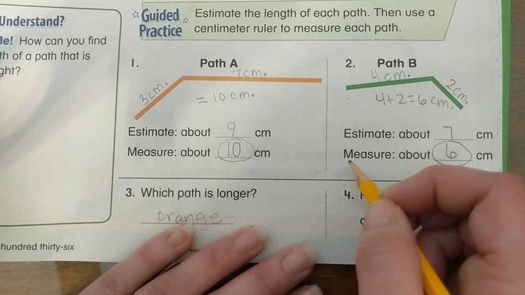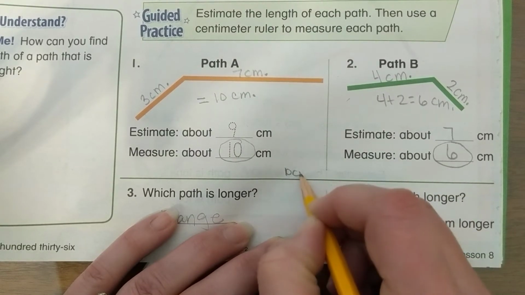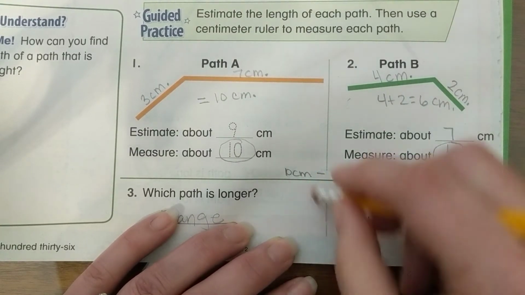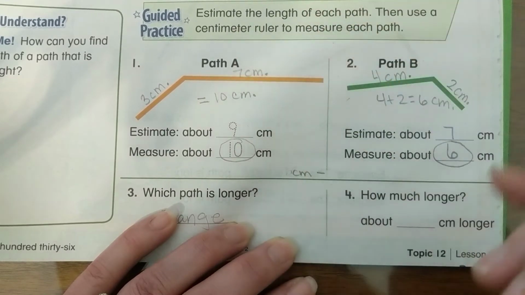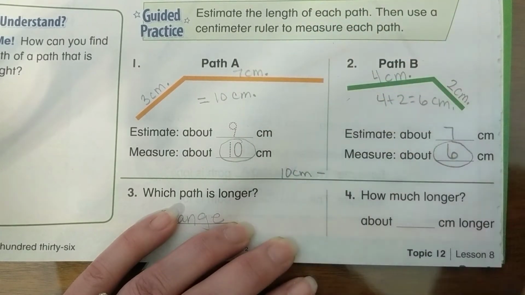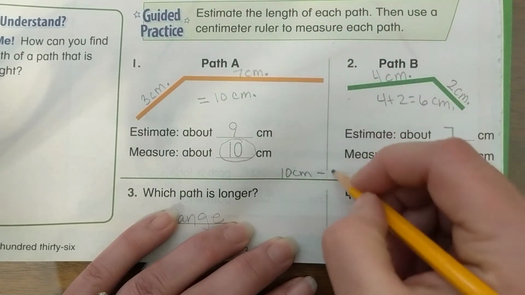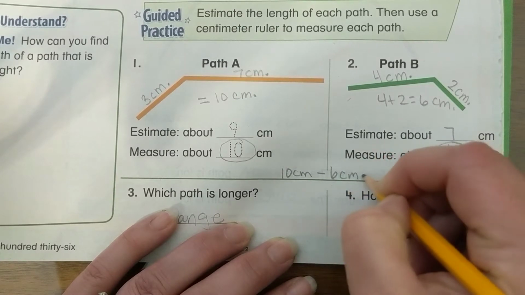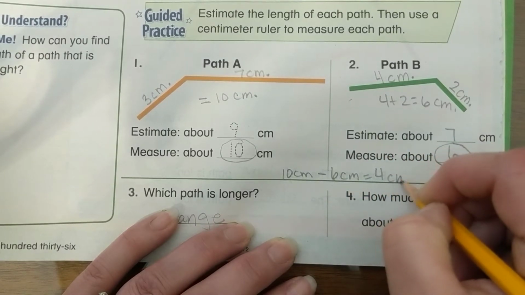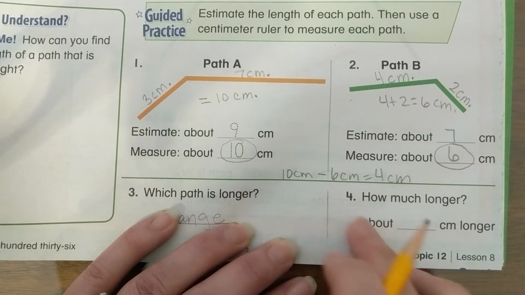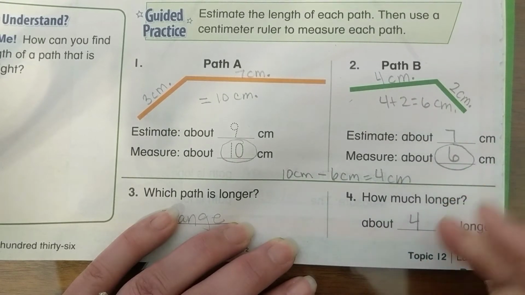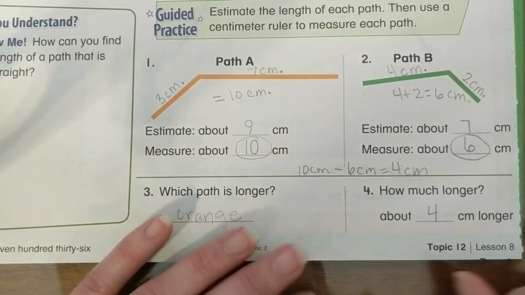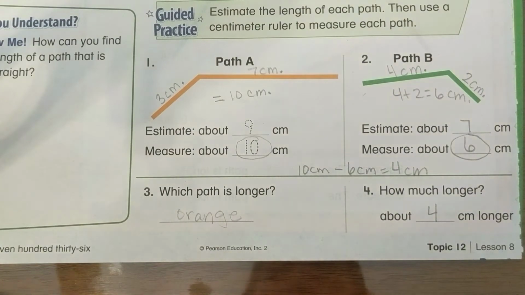So we're going to take those two numbers, 10 centimeters minus 6 centimeters equals 4 centimeters. So the orange line was about 4 centimeters longer. Okay, that's how we're going to be measuring.